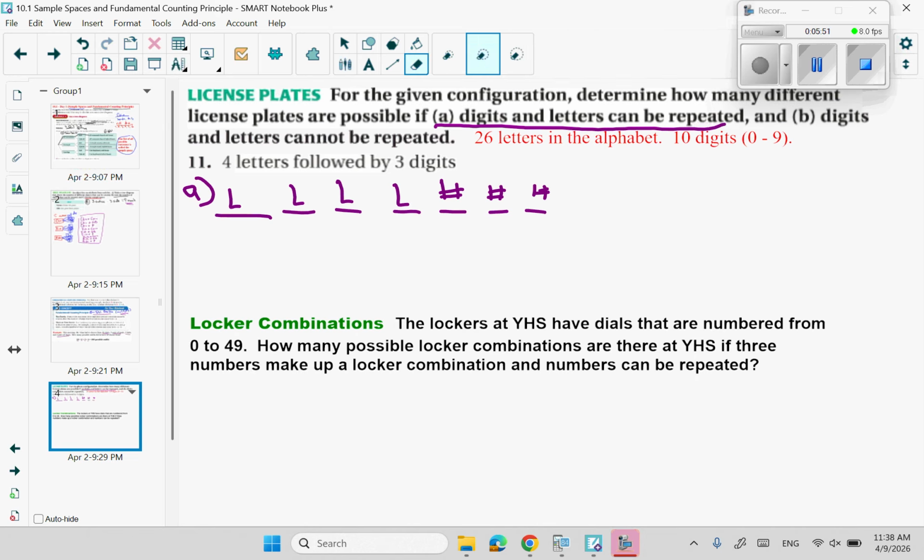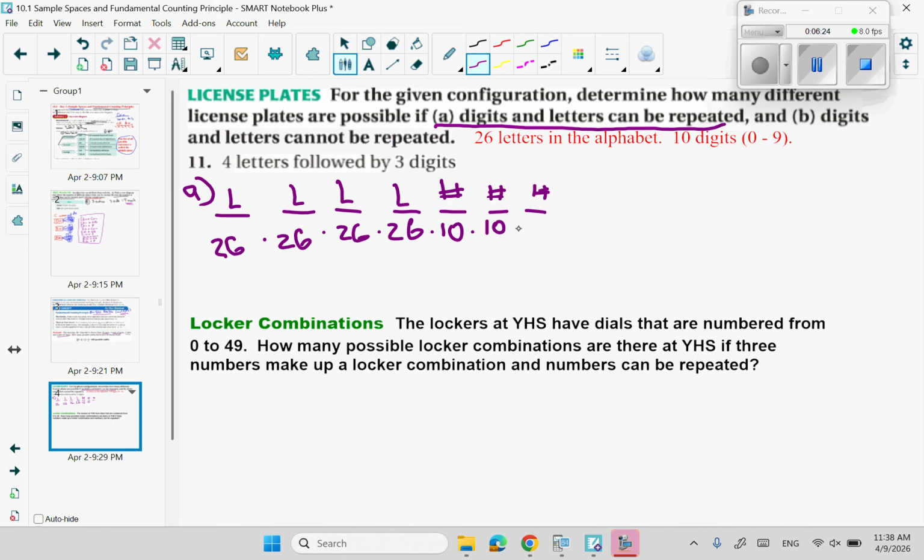Now, the nice thing is because I know that the letters can be repeated, the first spot, how many different letters could I go there? I could get 26. Because they can be repeated, no matter what letter I pick here, I still have 26 different letters to pick from in the second letter spot. Same in the third and fourth letter spots. Numbers. You actually get 10 digits to pick from because you'd get 1 through 9 and 0 that can go in that license plate spot. And because those can be repeated, I can fill those in with 10 as well. So I would get 26, 26, 26, 26, 10, 10, 10.